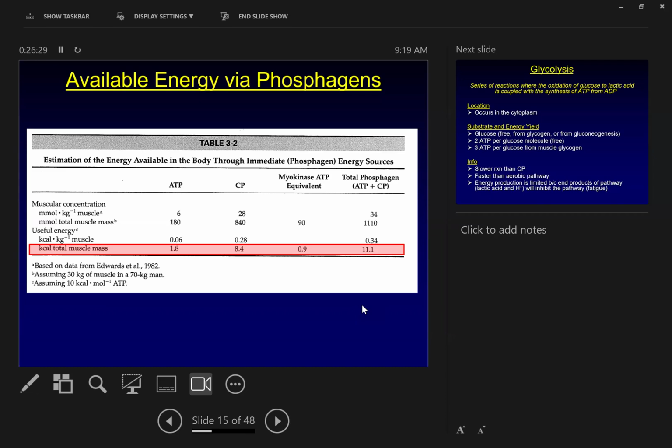But the vast majority of it is in creatine phosphate, okay? So I just want you guys to understand, very little ATP, more creatine phosphate, but a limited amount, right? And so these two things can get used up, especially during high intensity exercise where ATP demand is high, very, very quickly.